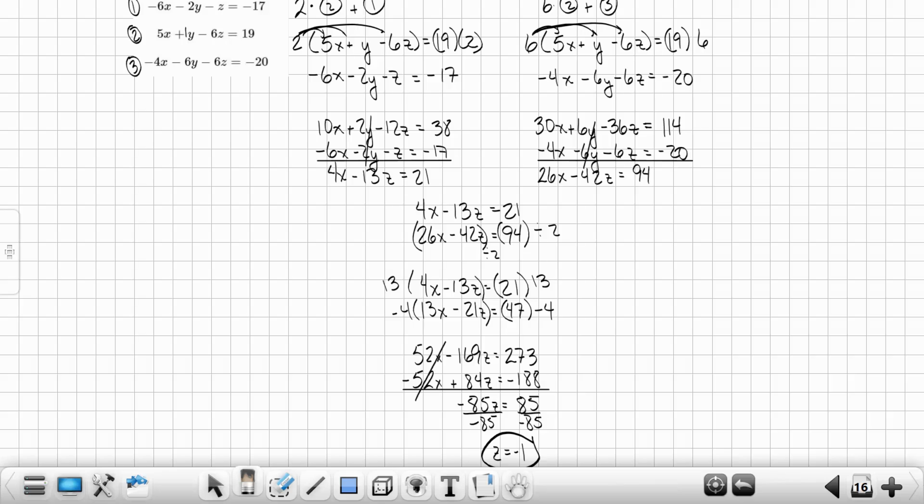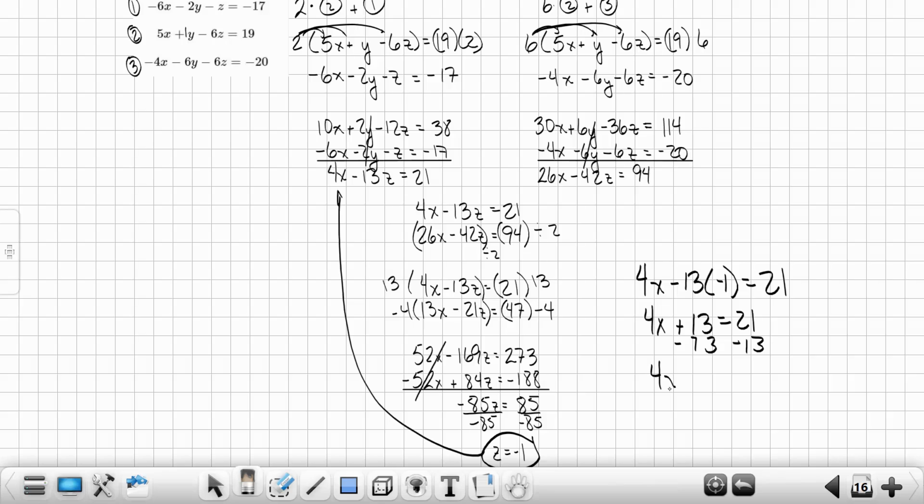That's going to plug into either one of the two equations that only have x and z. So that's going to go up here. So now I have 4 times x minus 13 times negative 1 equals 21. That's 4x plus 13 equals 21. Subtract 13 from both sides.